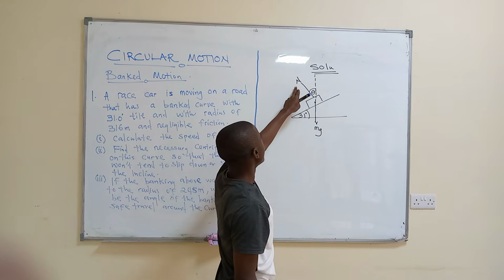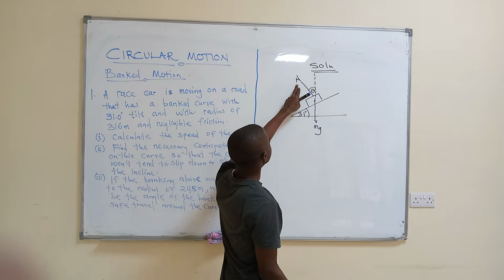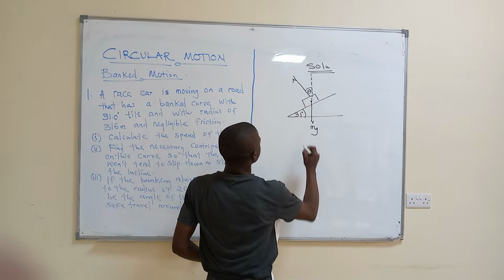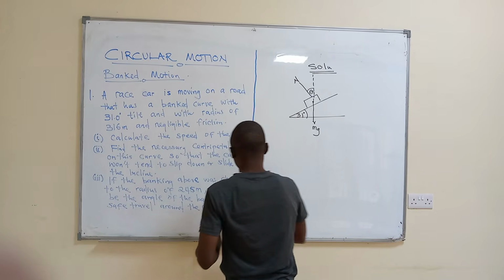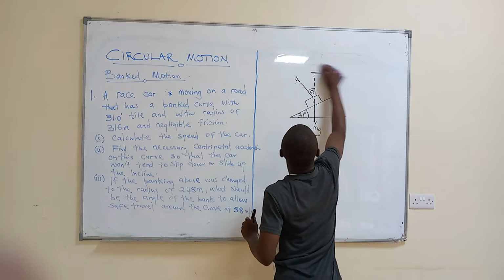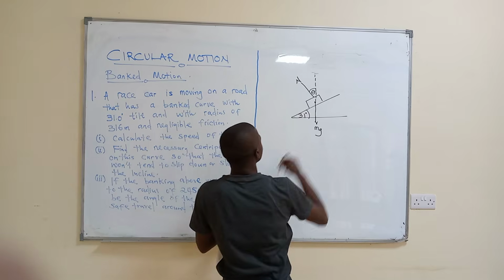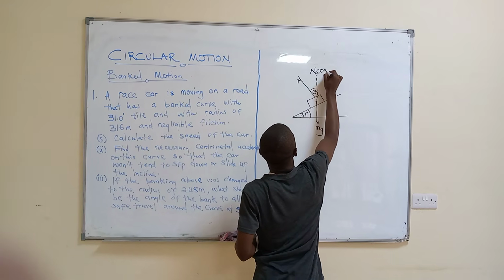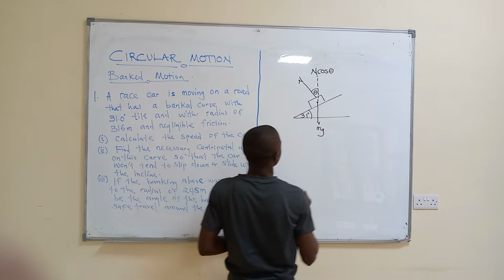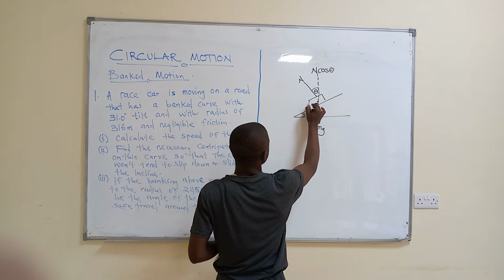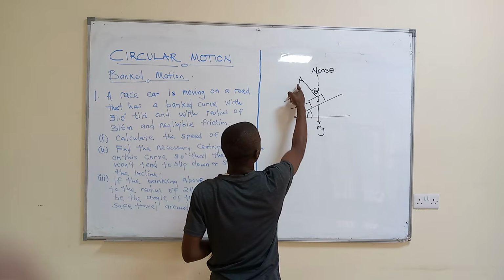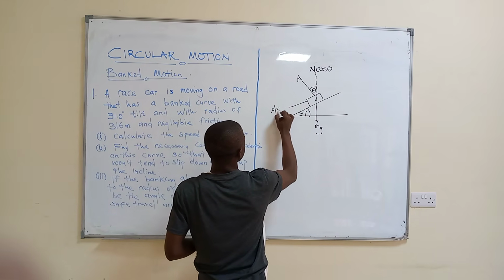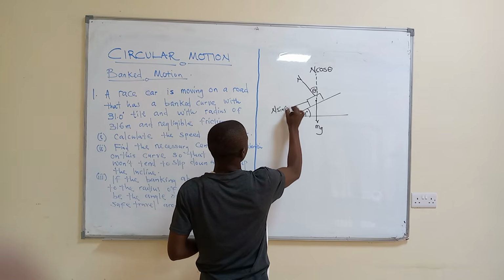So if I resolve this normal force in vertical and in x-axis, in vertical axis I'm going to have normal cos theta. And then in x-axis, if I resolve this normal, I'm going to have normal sin theta.